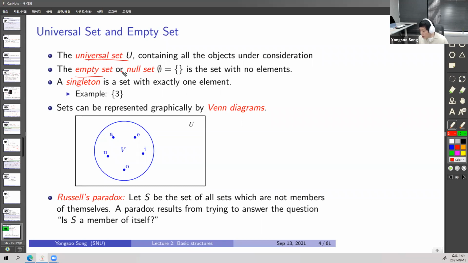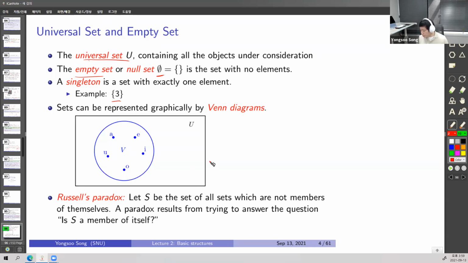An empty set is denoted by this symbol. It is also called a null set. It's the set with no elements, and a singleton is a set with exactly one element. For example, this is a singleton containing just one element, 3.